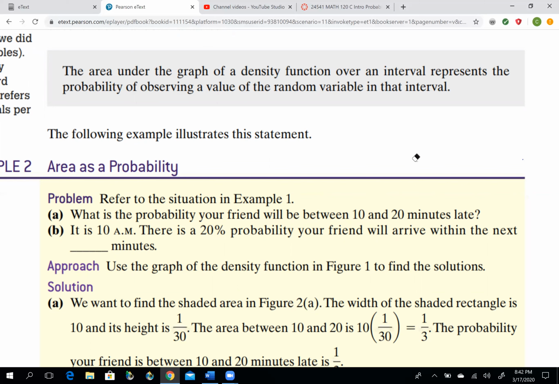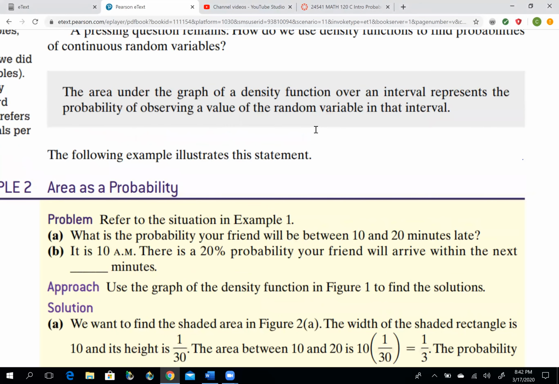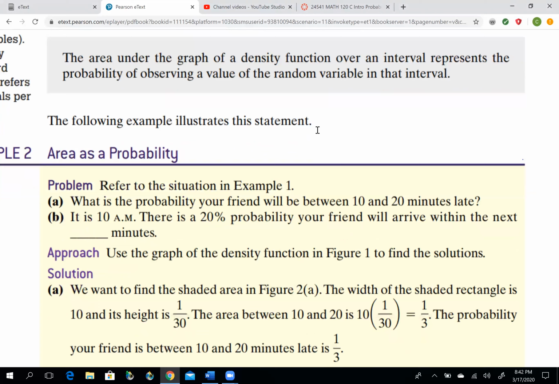Again, guys, I'm going to make a rectangle.